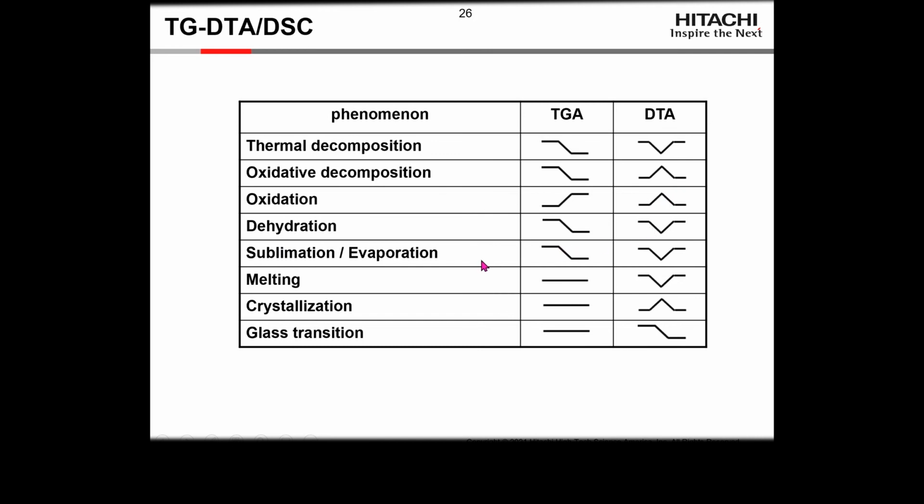And similarly with melting, crystallization, glass transition, sublimation, dehydration, these things all give curves where this can sometimes help you sort out what's going on. So that makes the combined thing much more useful when you're trying to figure out what your material is actually doing.